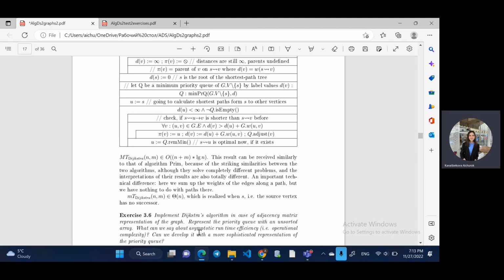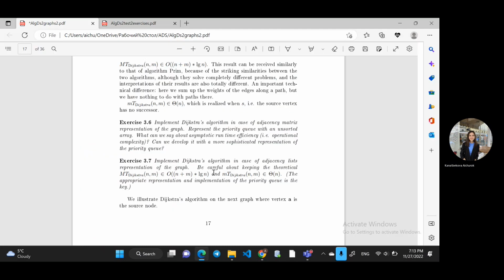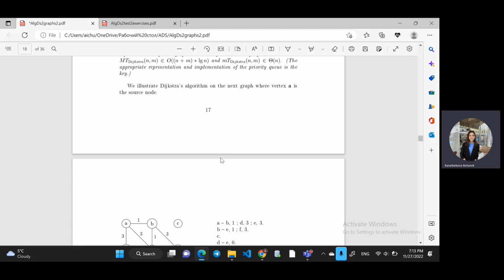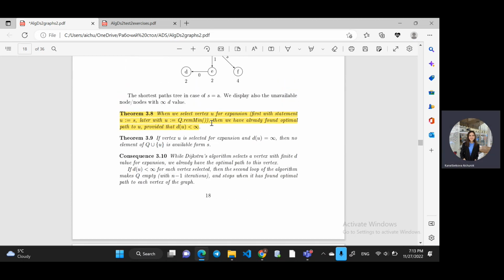And the next thing I want to mention is here. In Dijkstra, we always have an invariant, which always has to be true, and this is the following theorem.